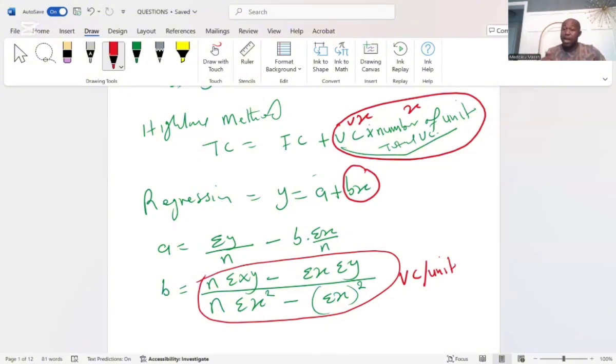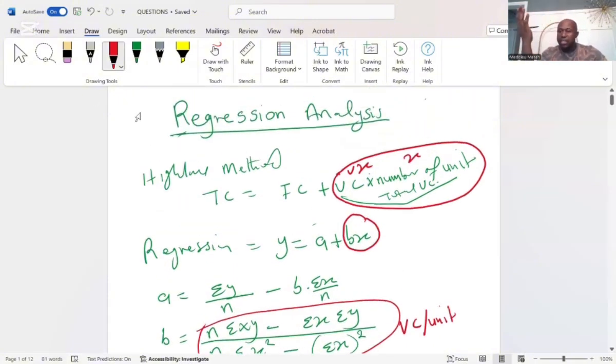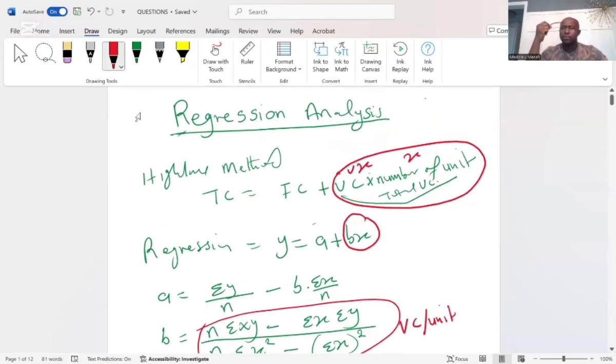Remember the high-low method? It's the same for this. Okay, let's go. So with this understanding, remember we said regression analysis is a forecasting technique developed as an alternative to the traditional high-low method.